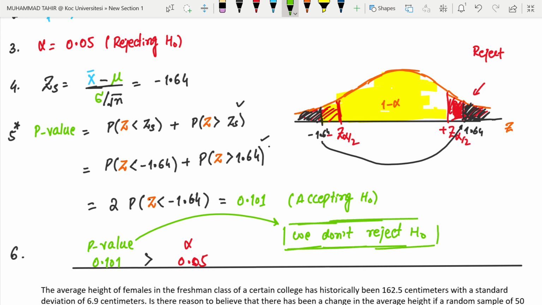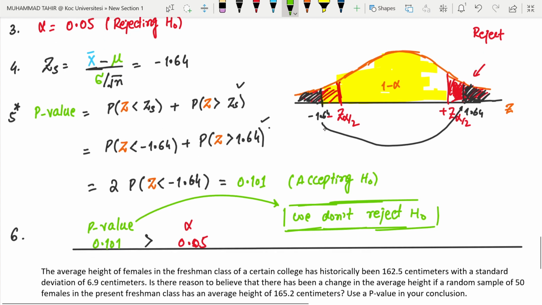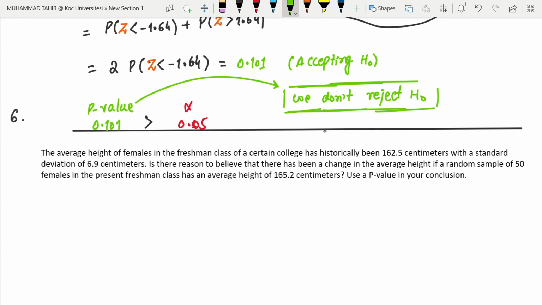All right, so the last question I'm not going to solve. This one you will solve by yourself. You can see this is a two-tail test.